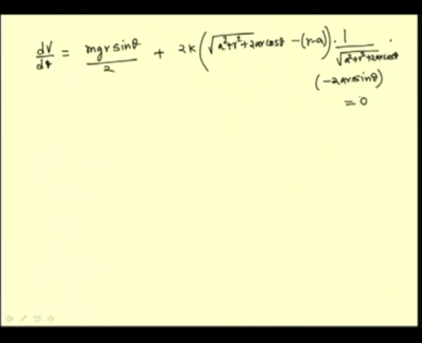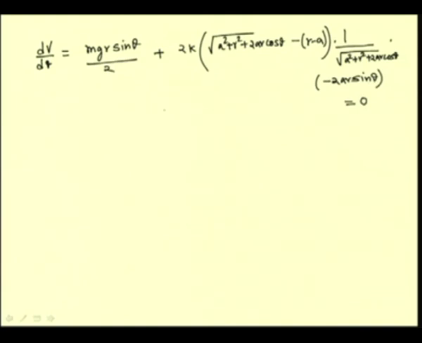So, we see that this is equal to 0 if this term becomes 0, that is sin theta has to be 0, or in other words theta has to be 0, and this term also, we see that the product of this times the product of this term, here also we have this sin theta term.